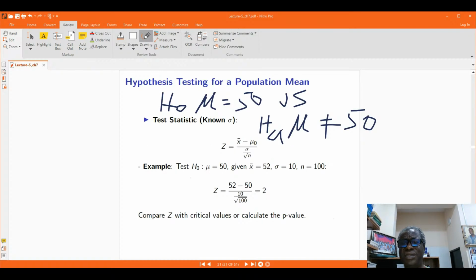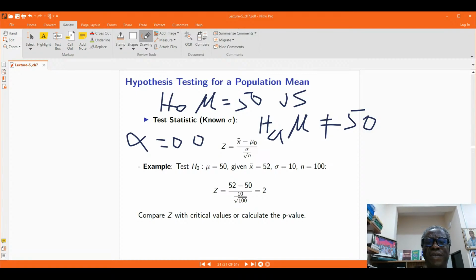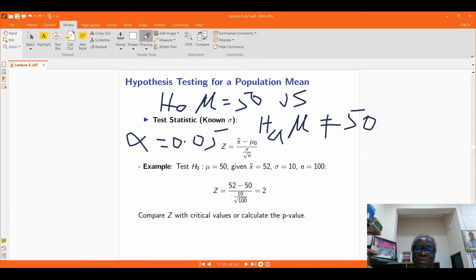So in this case, if we choose our level of significance to be 5%, which means our confidence level, we choose alpha to be equal to 0.05, or 5%. You choose the alpha.